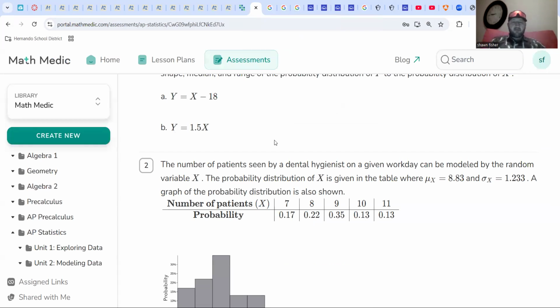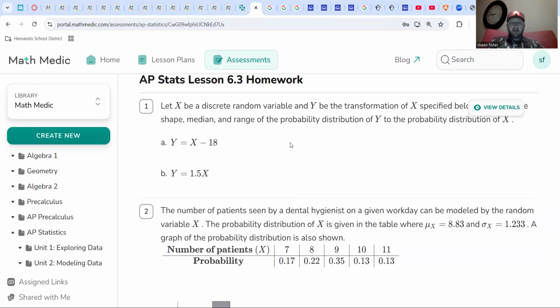Okay. Real quick, we'll do number one. Hopefully, I don't have to write anything down too much, and this will help you. We've been doing discrete random variables, continuous random variables, and now we're doing what we call transformations. All I'm asking you to do is look at your notes.